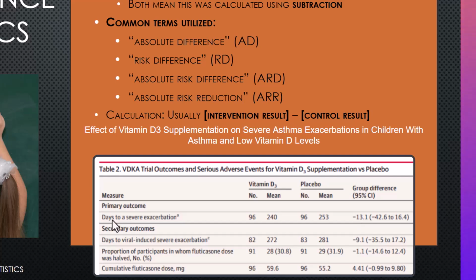So here on the left, our primary outcome is days to severe exacerbation. Our intervention results, the mean is 240, the placebo 253. And that's where we get our negative 13 group difference, 240 minus 253.